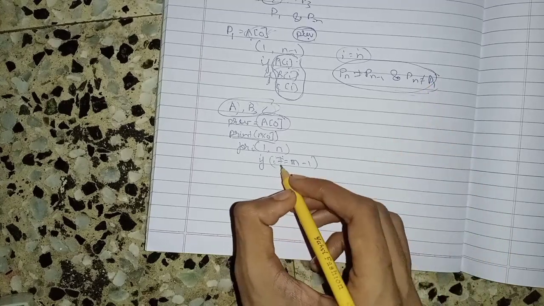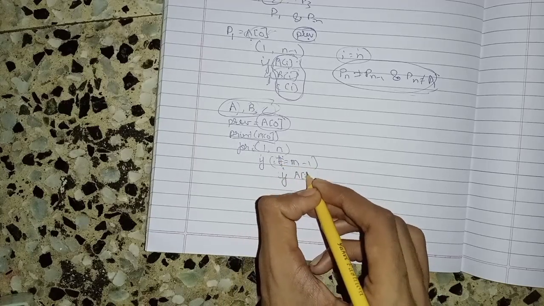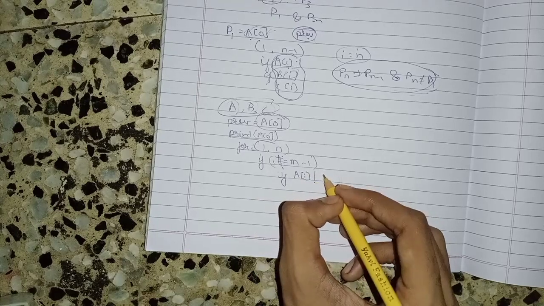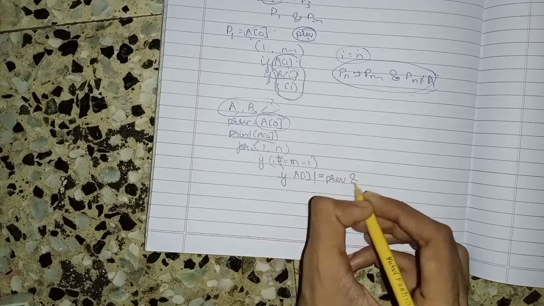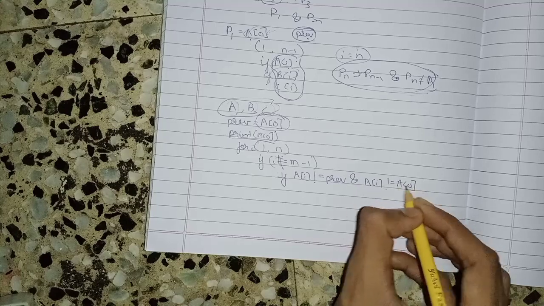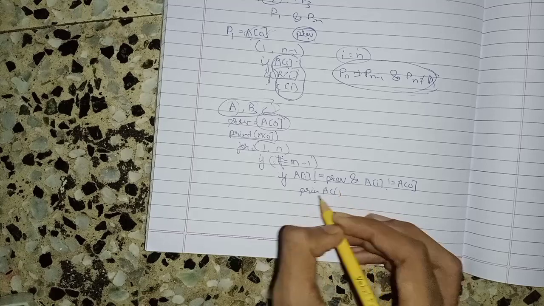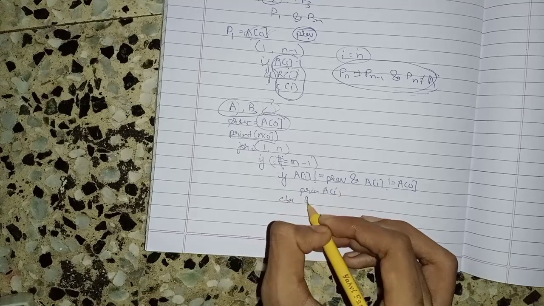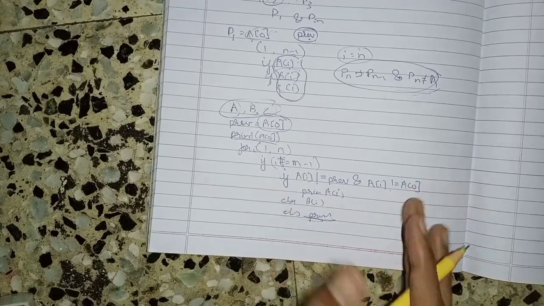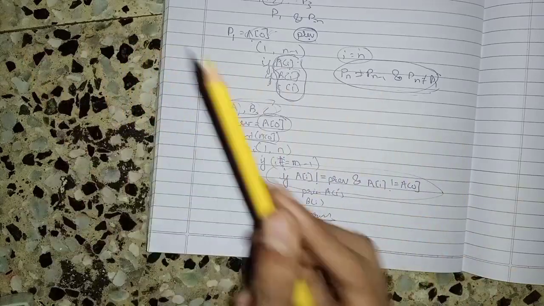So if ai is unequal to previous and ai is unequal to a naught, I will print ai, else I will check the same condition for bi, or else I will print ci directly. This was the only major case in the question. Otherwise the question is pretty simple.